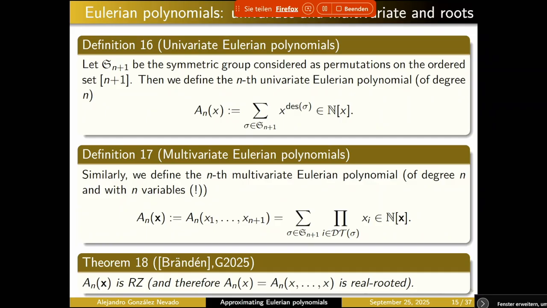They are real stable. When you forget about the ascent tops, so now you take the tops instead of the descents, what you get is a real-rooted polynomial. You can prove that. So you have one of the polynomials that you can fit into the relaxation, and now your polynomial has more information than the univariate one.